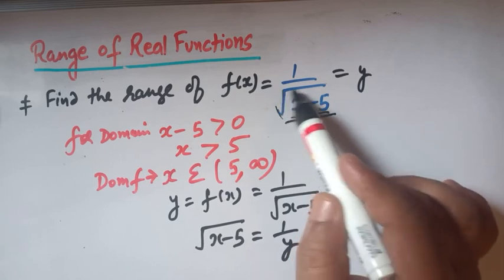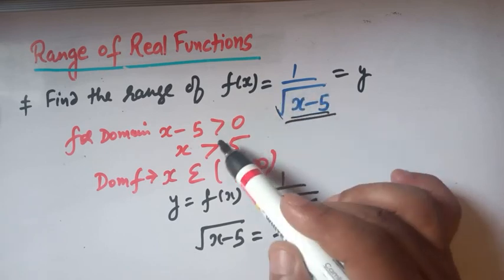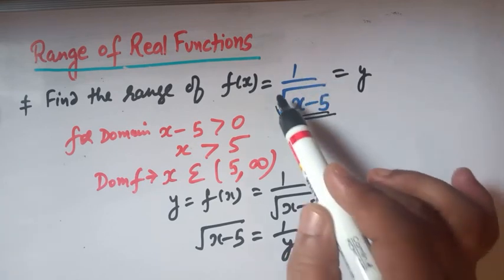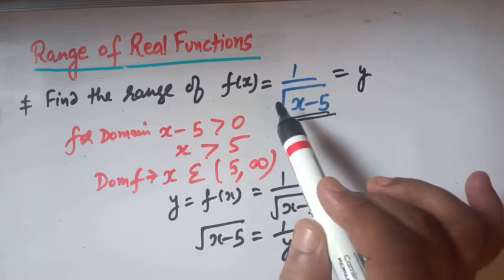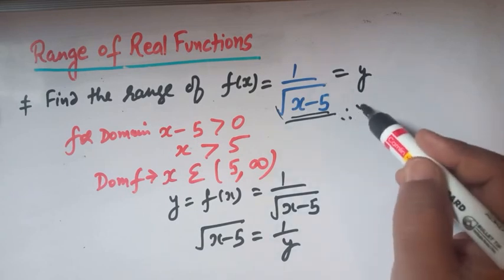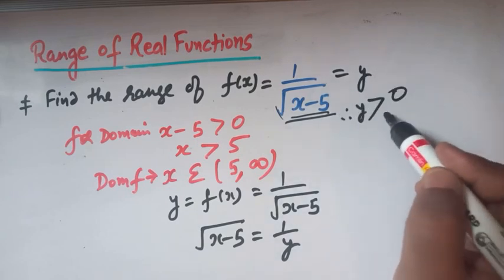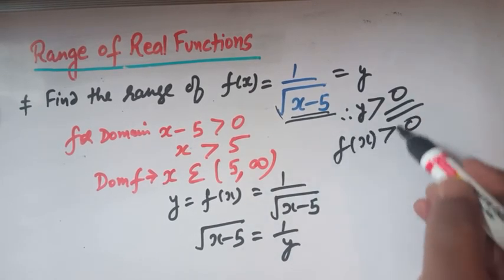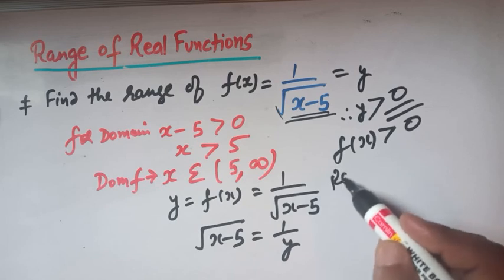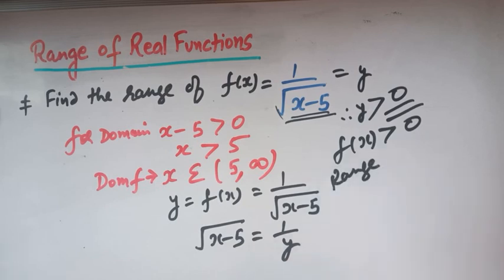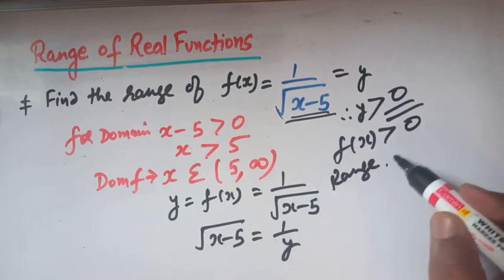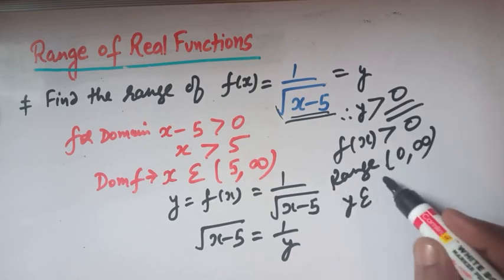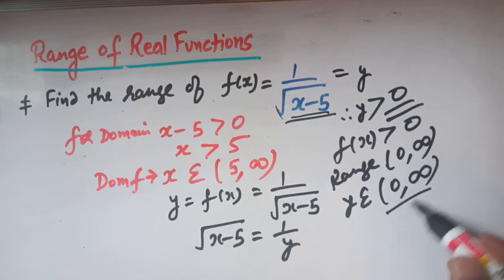So it means the square root of this term is greater than 0, and which further implies that 1 over square root of (x minus 5) is greater than 0. So therefore we can say that y is greater than 0, and when y is greater than 0 means f(x) is greater than 0. So range is from 0 to infinity, or we can say y belongs to (0, infinity).